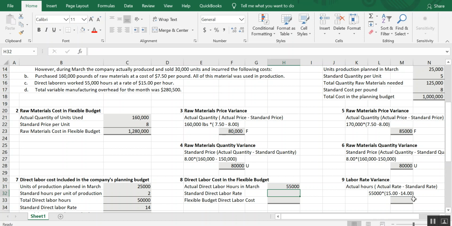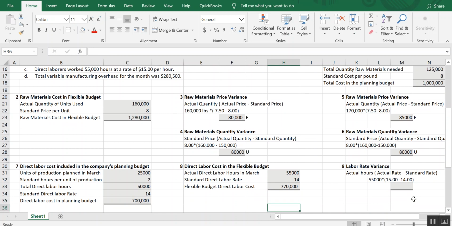Now we keep the standard direct labor rate, which is $14 an hour, and we multiply those out. We get $770,000. That's the flexible budget compared to the planning budget. When we did the planning, we did 25,000 units, 2 hours per unit, 50,000 hours, $14 an hour, and $700,000.